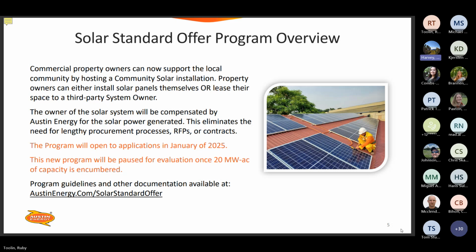So again, we will open up the program to applications in January. We expect that to be the week of the 13th. This new program will be paused once we hit 20 megawatts of AC, and we've encumbered that. So when you submit an application, we will start reviewing the documentation that you have within there. Once it reaches a certain point of requirements there, we will issue an encumbrance. And at that point, we track that capacity towards the 20 megawatt goal.